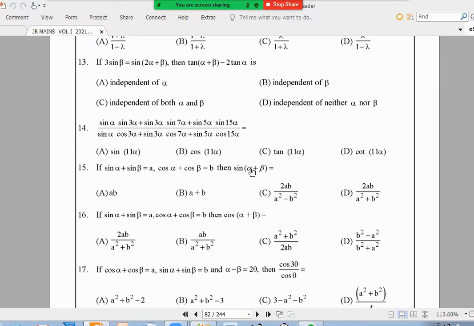So the question, if I multiply with 2, it is 2 sin 3 alpha sin alpha, 2 sin 7 alpha sin 3 alpha, 2 sin 15 alpha sin 5 alpha, 2 cos 3 alpha sin alpha, and 2 cos 7 alpha sin 3 alpha, and 2 cos 15 alpha sin 5 alpha.